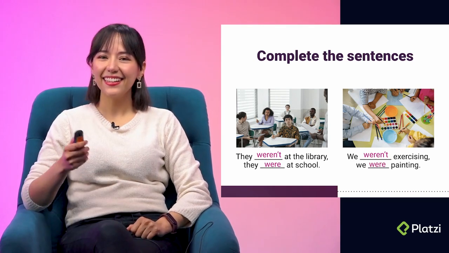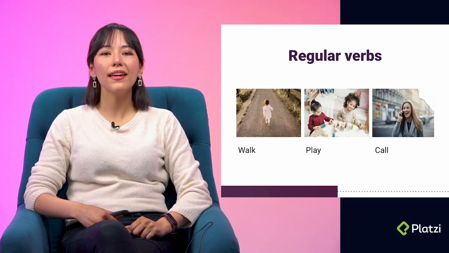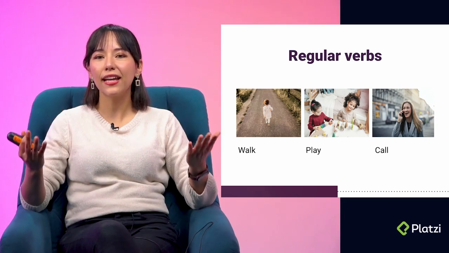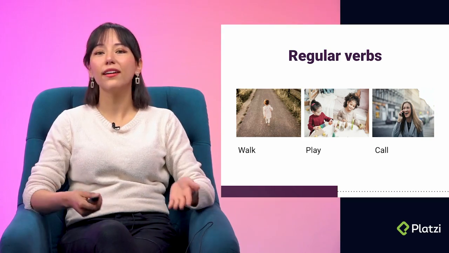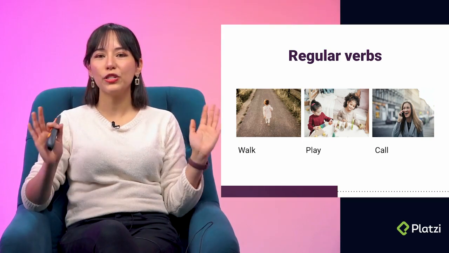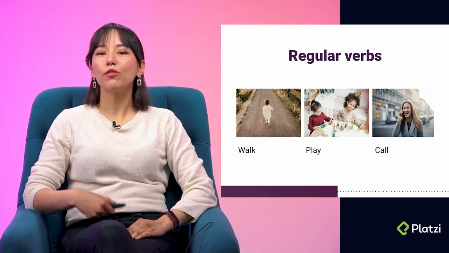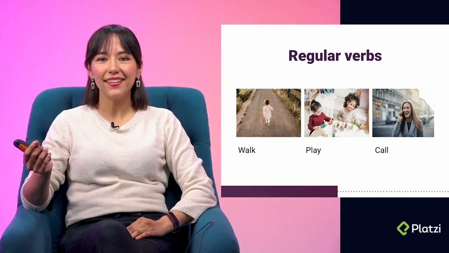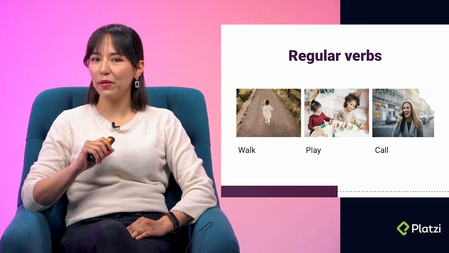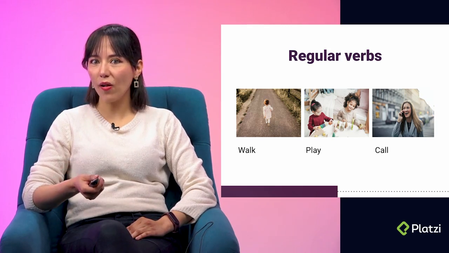Very good. Now, let's go ahead and continue by getting to understand the regular verbs. They're very different from the irregular verbs we just saw. What makes them different? Well, regular verbs all end with ed. So we have three examples here: walk, play, and call.